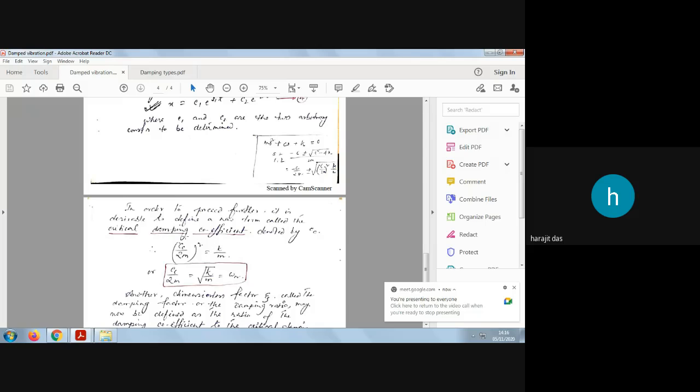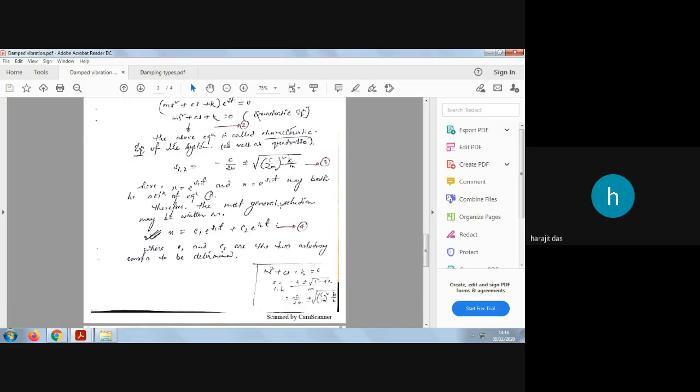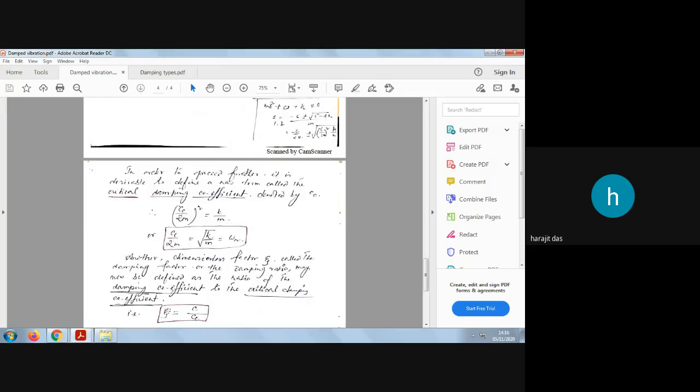So why are we writing this instead of k by m? Because if we write this instead of k by m, the radical terminology may vanish, which will simplify this solution. So in c by 2m whole square minus k by m, instead of k by m we write cc by 2m whole square.